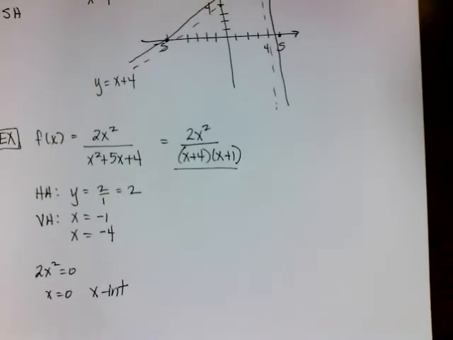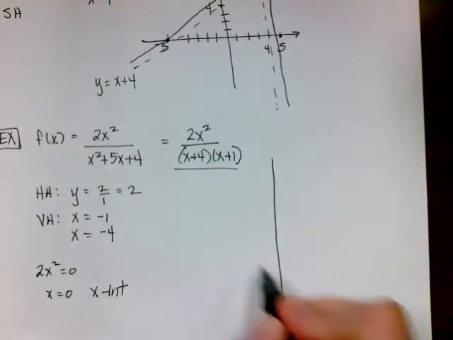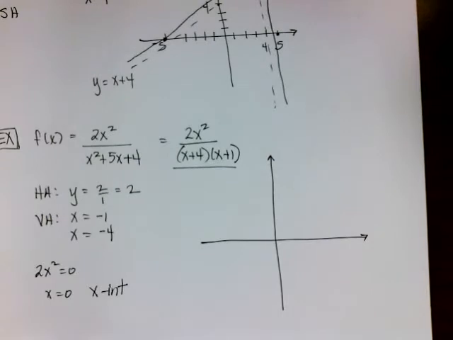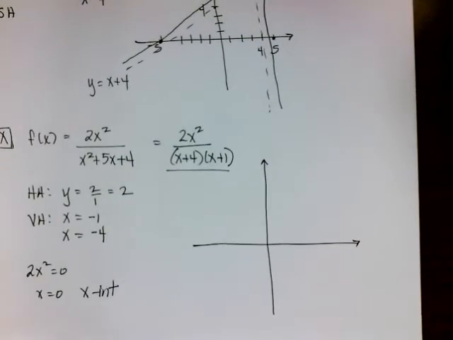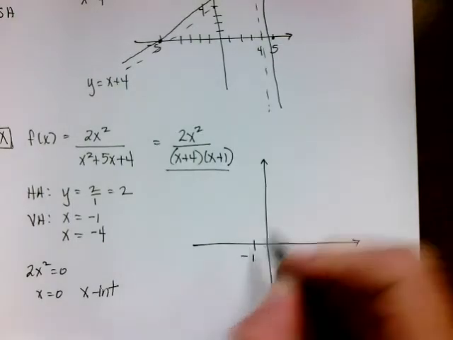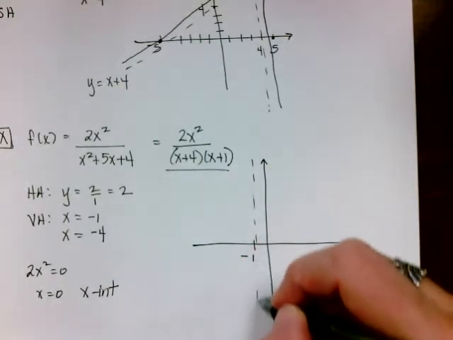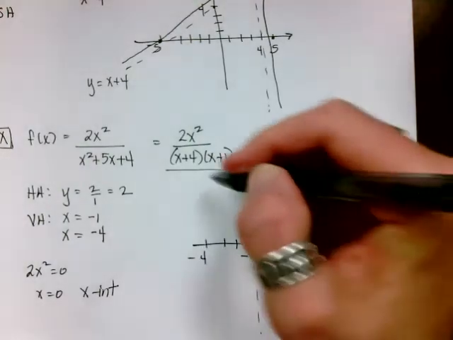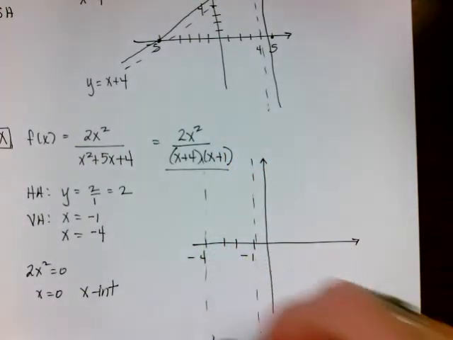So now let me put all this information on my graph. This one's a little bit more complicated, and so I'll verify everything in my grapher. Okay. First things first, I'm going to graph my verticals. So I know I have one at a negative 1. Okay, so I'll put that on there, and then 2, 3, I had another vertical asymptote at a negative 4.